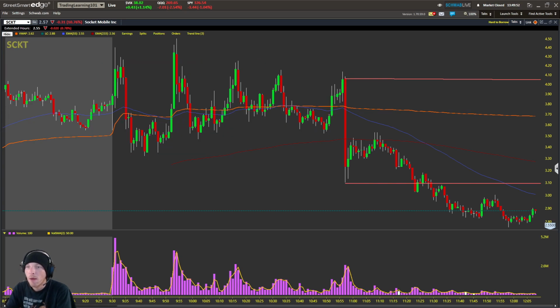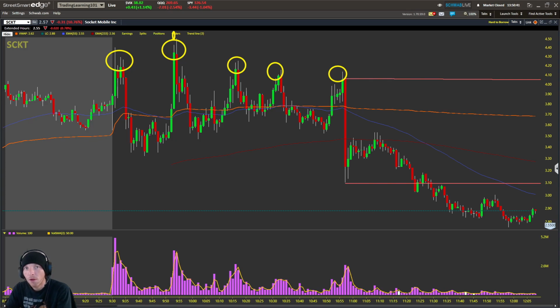You had so many opportunities to take notice of it. It failed to break out right there, right here, right here, and right here. That's 1, 2, 3, 4, 5 times this stock came and tested the high and immediately got met with a death candle.